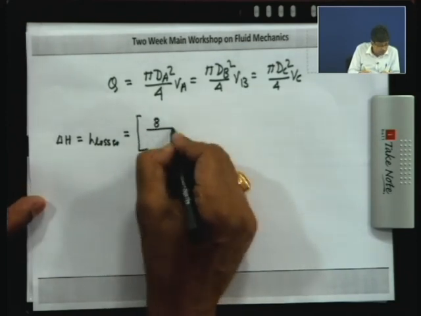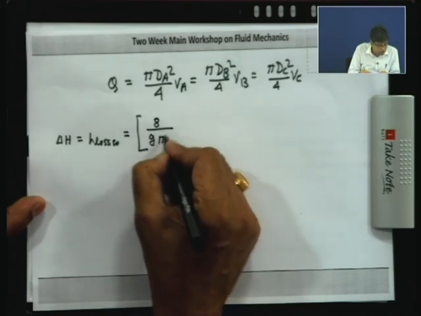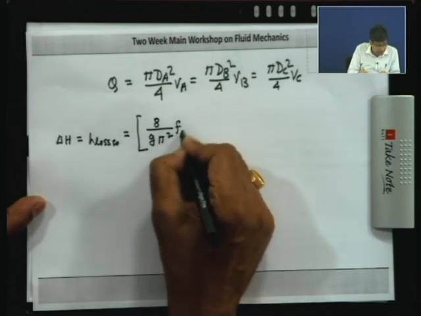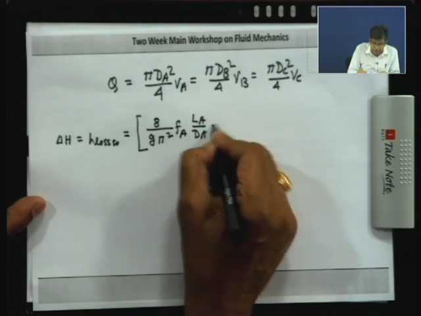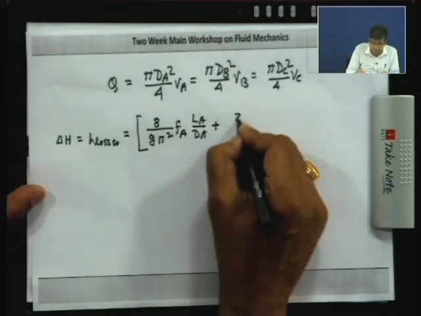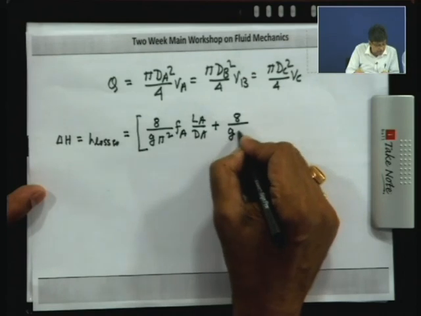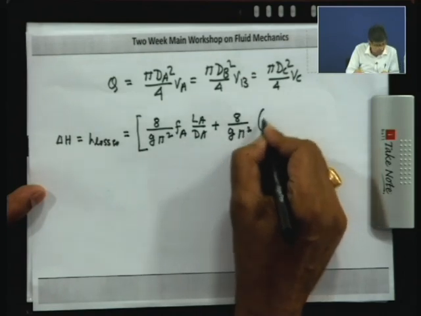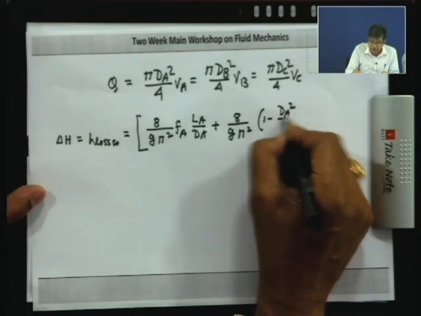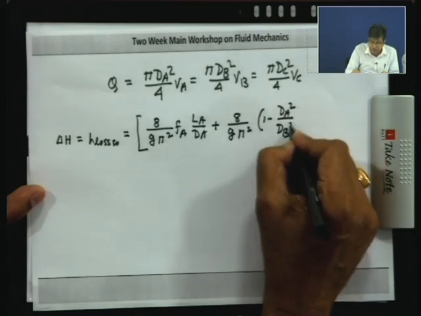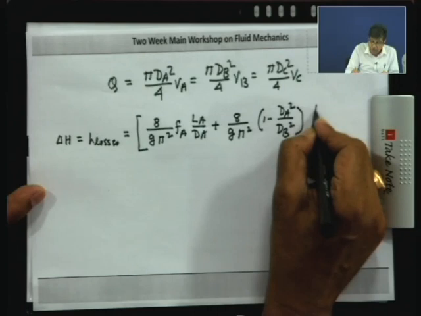8 divided by g pi square, FA LA by dA to the power 5, for the skin friction of pipe 1; then 8 by g pi square, 1 minus dA square by dB square, whole square, by dA to the power 4. This is simple algebra, you can do it.